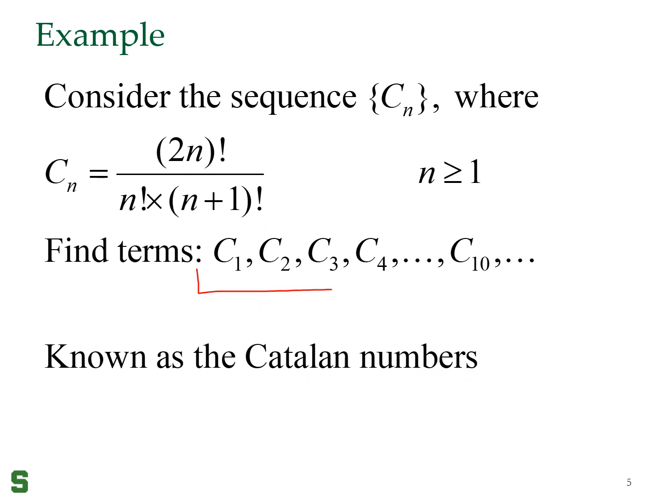One of the things I would ask you to do when you're reviewing these slides is to find a few terms in the sequence, and I would look at this in class subsequently. The purpose of asking you to calculate this is in part to refresh what factorial is if you've forgotten it, and also to play with sequences and to understand how we compute different elements in the sequence given the value of n.